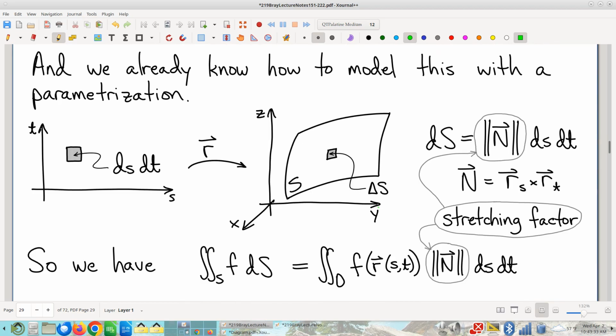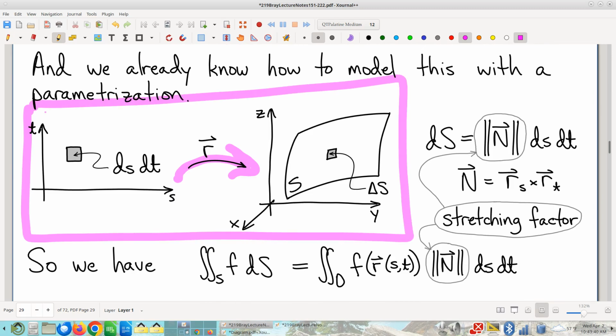We're just going to keep it general here. Suppose you have a parameterization, any sort of parameterization of a surface. If you want to do an integral on that surface, again, we're just going to pull back through the parameterization. Everything that happens on that surface is an image of something that I can represent in terms of my parameters S and T. In other words, I can plug in, and don't forget your stretching factor.